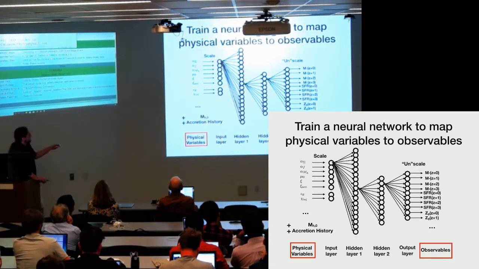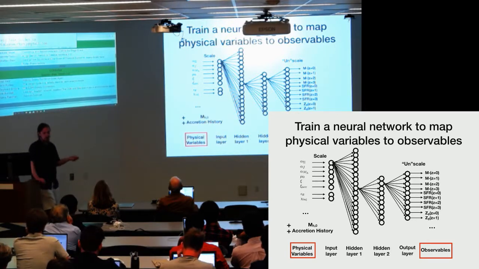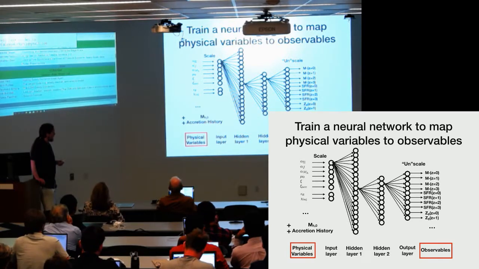So I build a neural network that takes the input physics plus some measure of the accretion history and the halo mass, runs it through, and spits out all these observables. And then this is what I actually use to run the MCMC. So this is also not perfect. The neural network makes errors, and this is the biggest source of my headaches for the past few years.